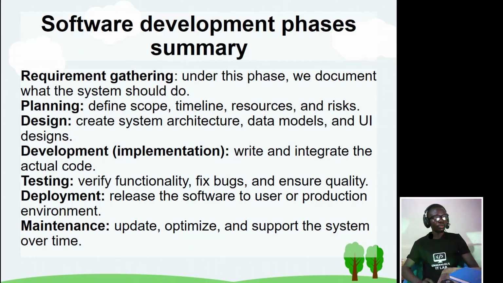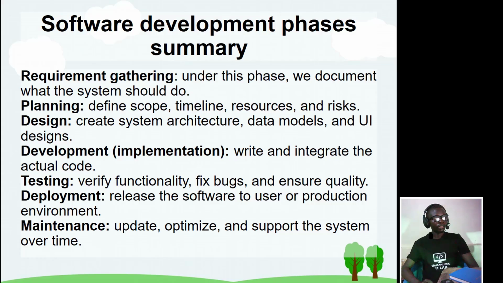Here you can simply create system architecture, data models, and UI interface. So the interface is what the users interact with. So you can simply design this interface on paper before you go ahead to implement it in the code.